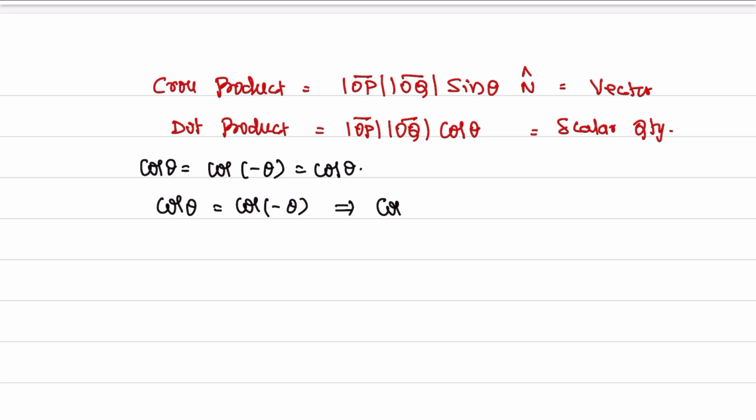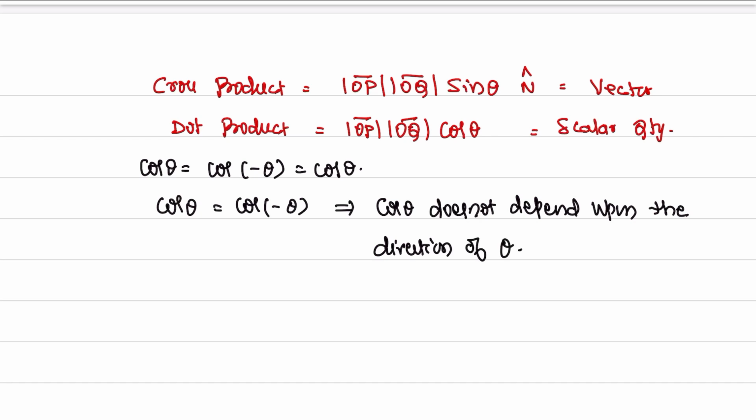This implies cos theta does not depend upon the direction of theta, whether it is minus or plus. Hence, it does not have a direction. Hence, it is a scalar.